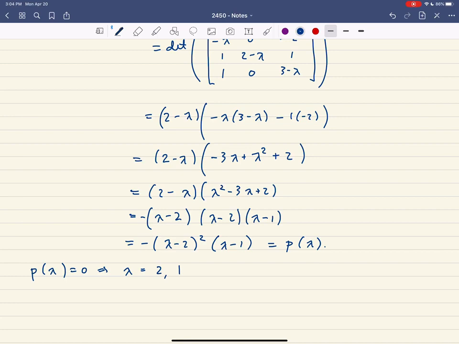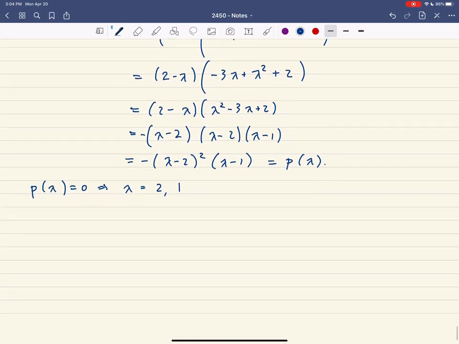And what I want to do then is compute the eigenspace for each of these. So I want to compute the eigenspace E1. And this is going to be the null space of A minus 1 lambda.